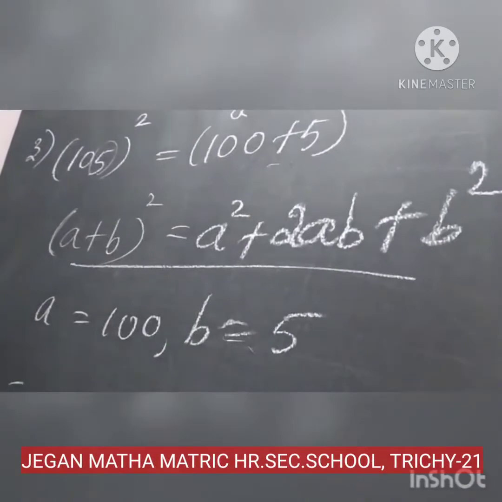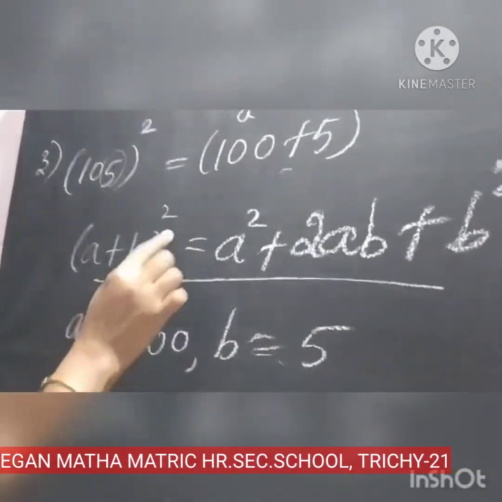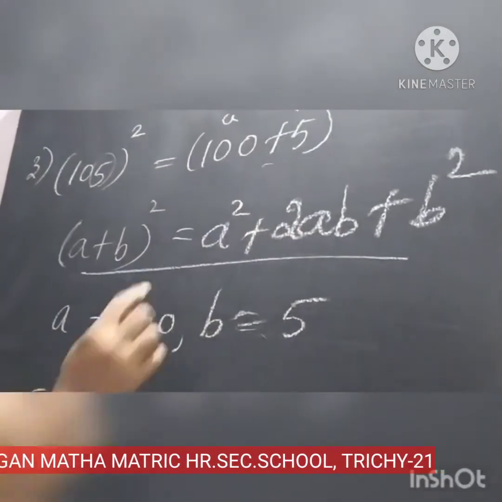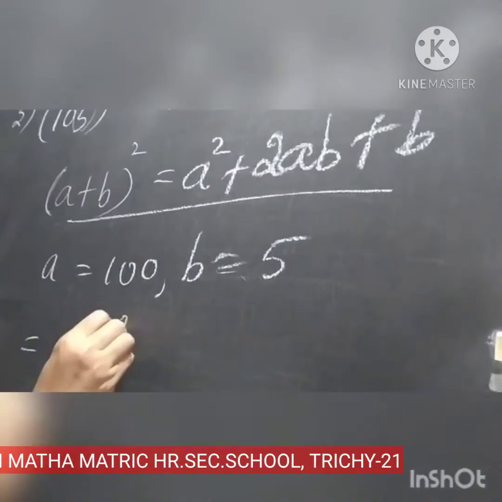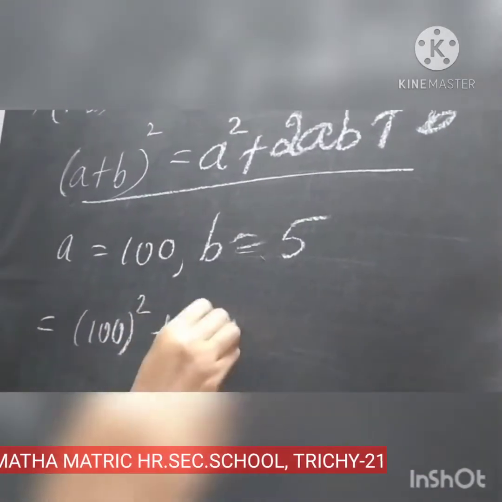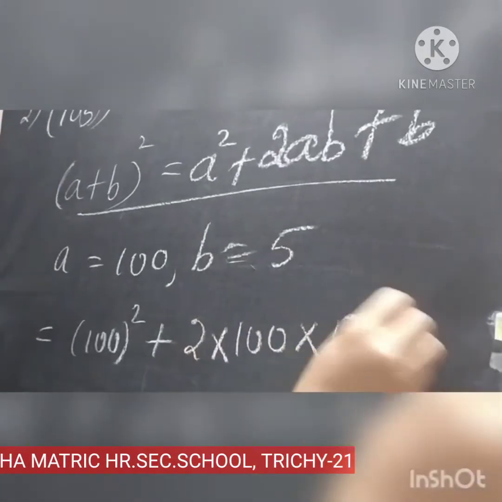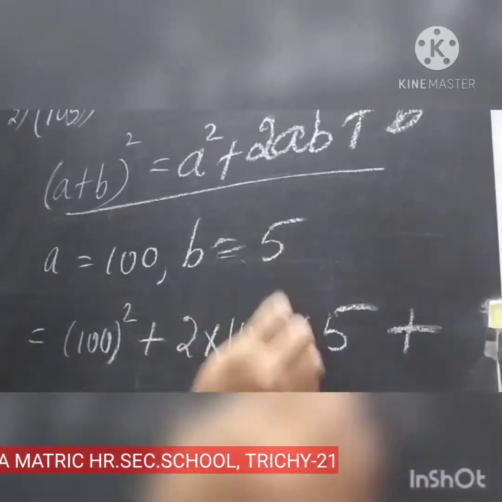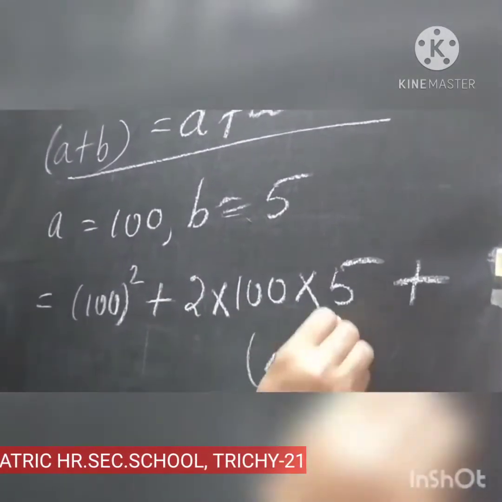Here 100 plus 5 the whole square equals, applying the a plus b the whole square formula, a squared, where a value is 100, 100 squared, plus 2 into a value 100 into b value 5, plus b squared, where instead of b the value is 5, so 5 whole square.